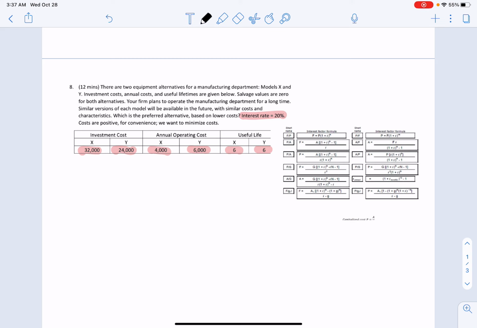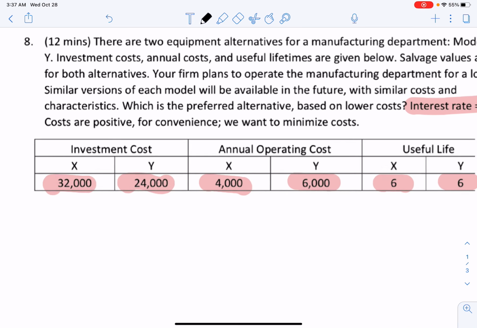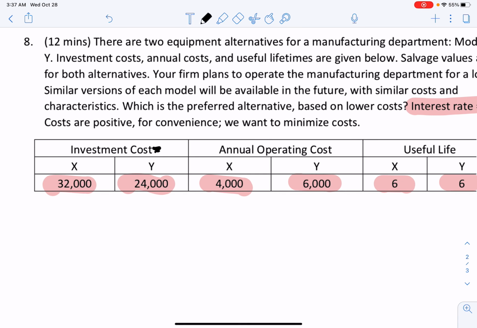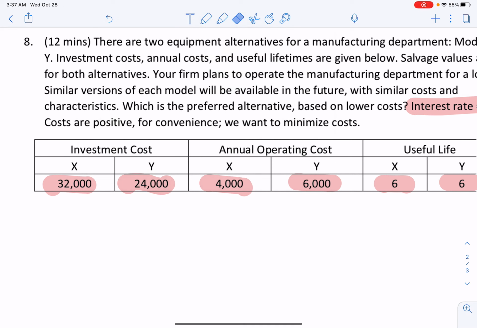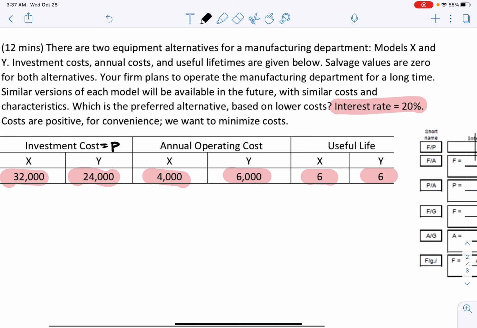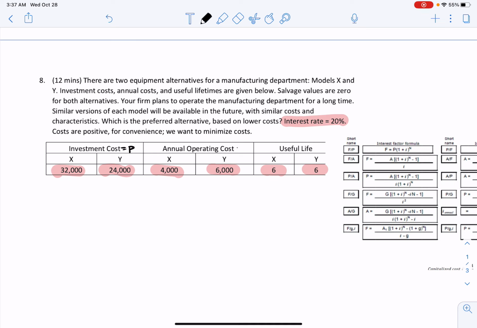Investment cost is basically just your P value. What are you spending? It's your present. When I go into a project, I'm spending this much on either the machine, the starting cost, and then annual, self-explanatory, is just our A value that we talked about, and then N is our useful life.